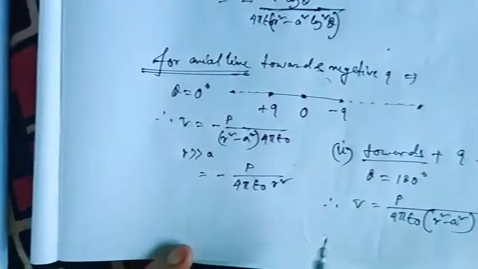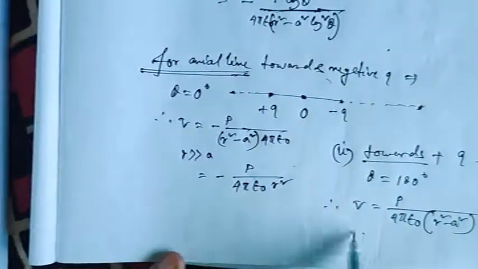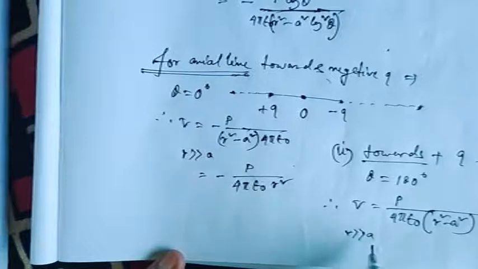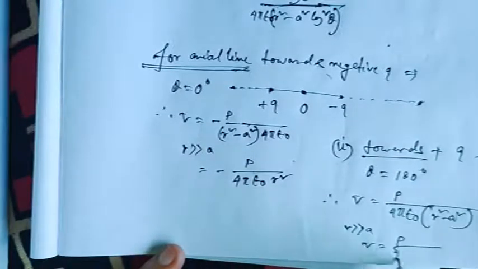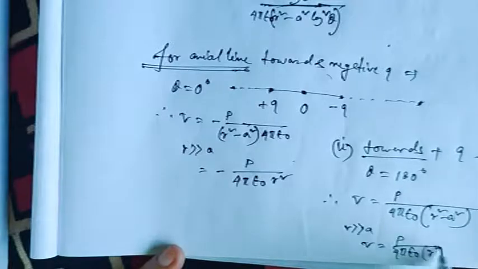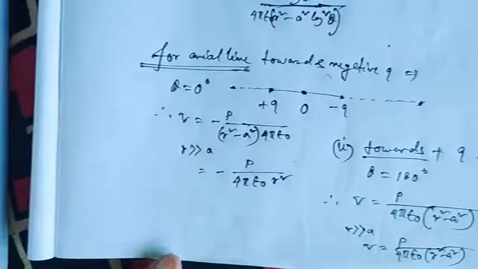And when we consider r greater than a, at that time V will change to P by 4 pi epsilon naught of r square minus a square.